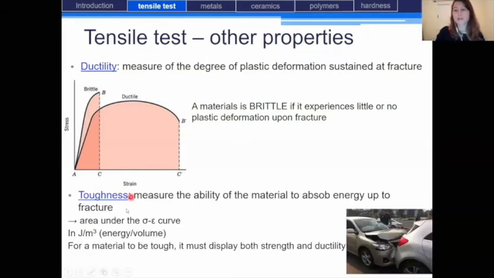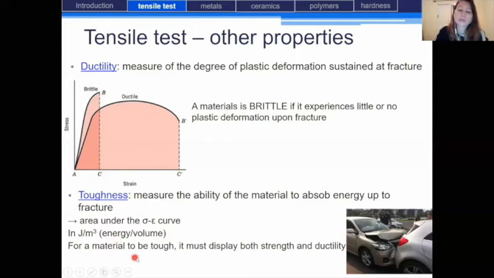Then we can define toughness, which measures the ability of the material to absorb energy up to fracture. So it is defined as the area under the stress-strain curve. So the unit of the toughness is joule per cubic meter. So it is energy per volume.